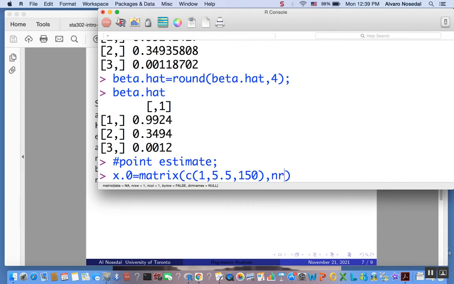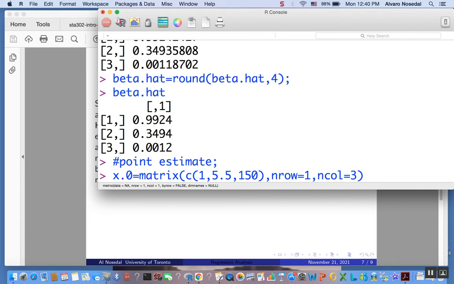Then we have the number of rows, it's going to be a row vector, right? And we want 3 columns.